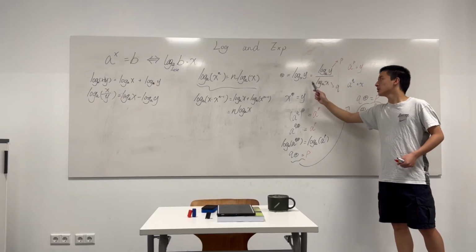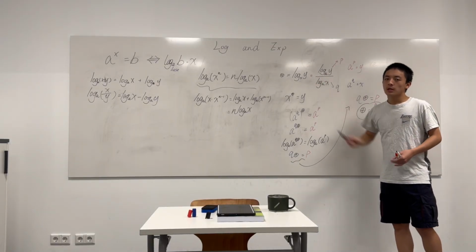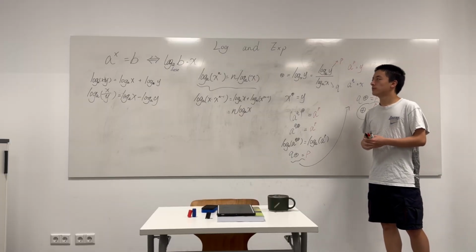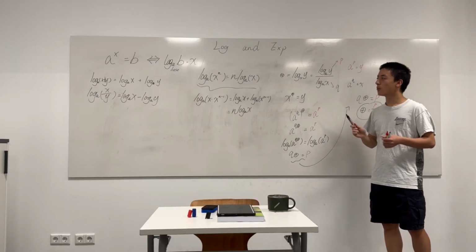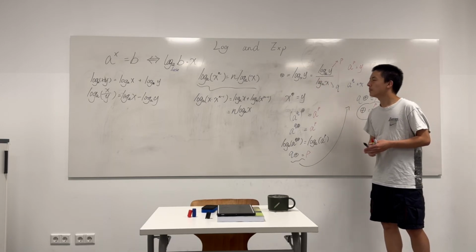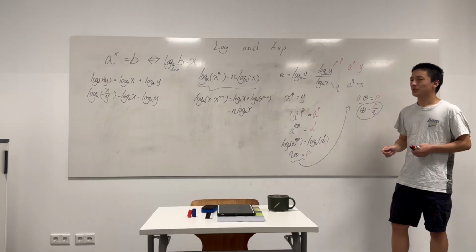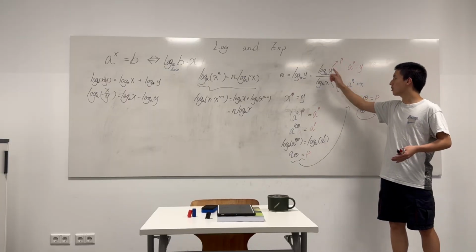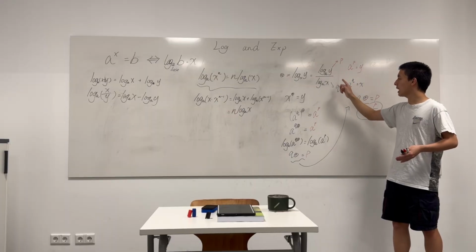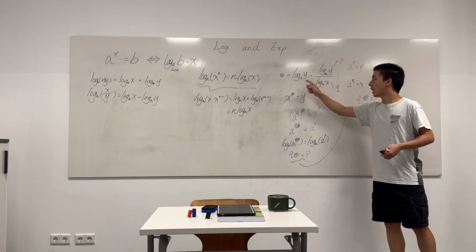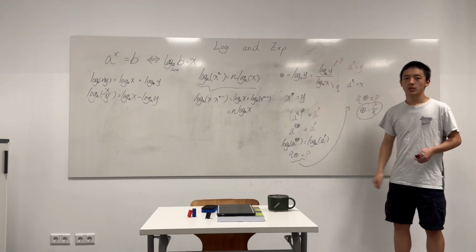Why do we need this formula? Because sometimes we don't know how much is log base x of y, but if we know, no matter which base a, if we know log a y and log a x, then we can use this formula to calculate log x y.